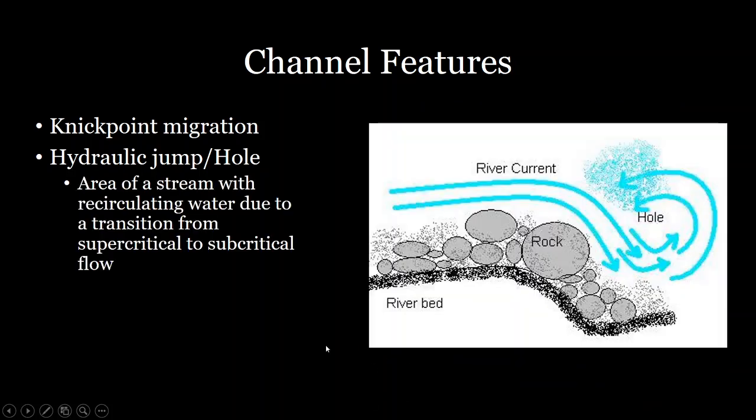What's going on here is oftentimes you can have some sort of break in the slope of the river, sometimes caused by a rock. The river flows over that, and that change in slope causes the water to accelerate, and that flow goes supercritical. Then as it hits the new slope, it slows down and goes into subcritical flow, and will then form this hole where you have recirculation occurring.